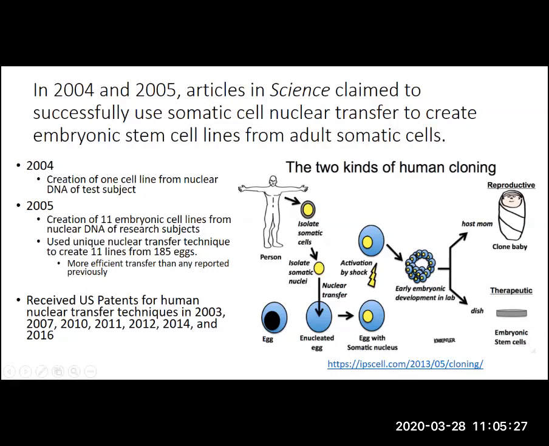If we're going to do the equivalent of in vitro fertilization, making a reproductive clone, a baby that's a clone of the donor here, we would just take this, allow it to develop, and then implant it into a surrogate mother.